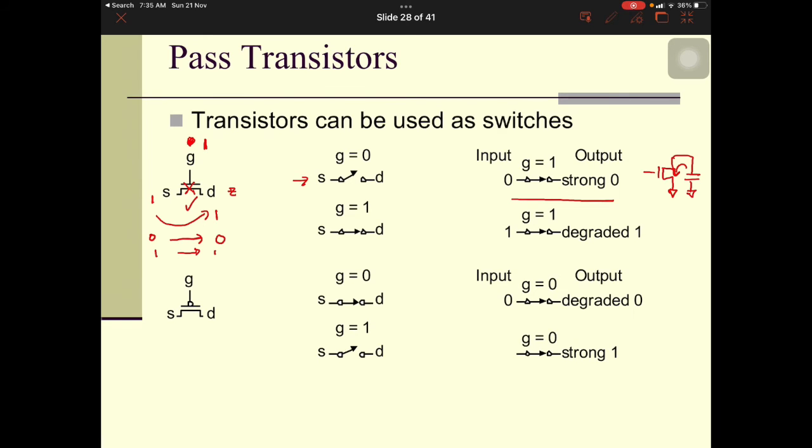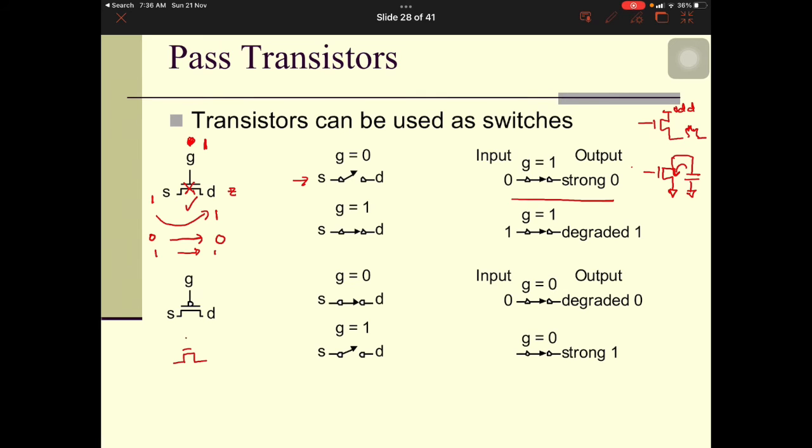Whereas if you connect it to a 1, to a VDD for example, the NMOS doesn't have very good capability of passing the 1. The 1 will not be a perfect signal, it will be a distorted signal, so it passes as a very degraded 1.